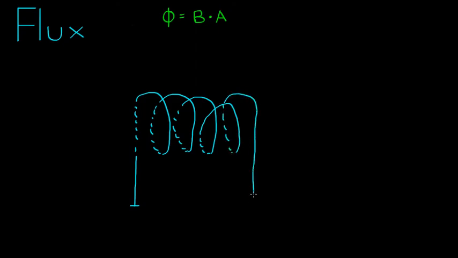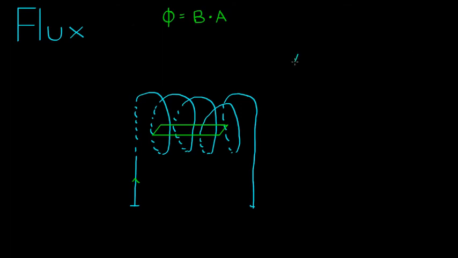There's our coil. It has current running in this direction, and within that coil, sorry, I should say solenoid, within that solenoid we have this loop, a square loop.